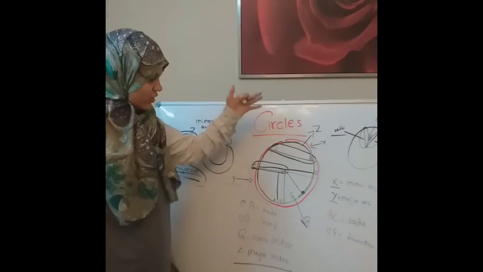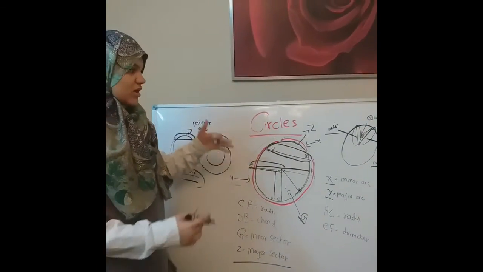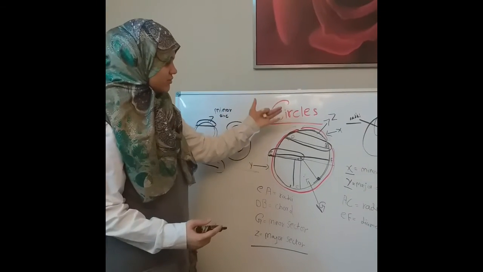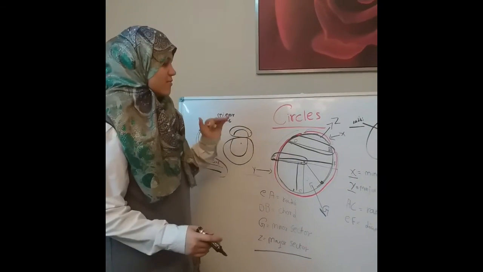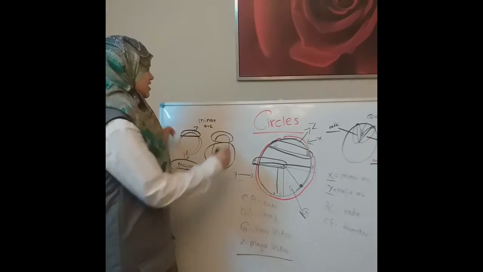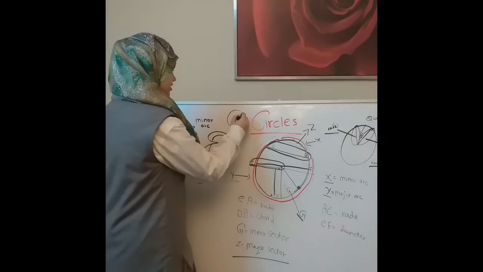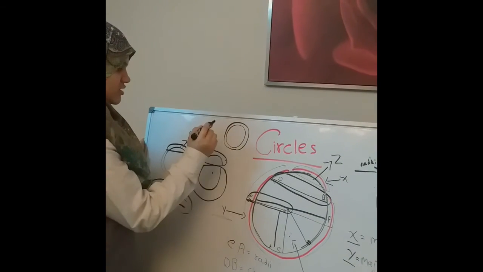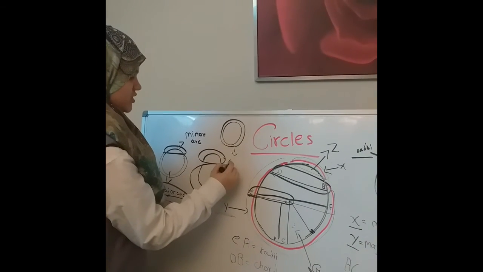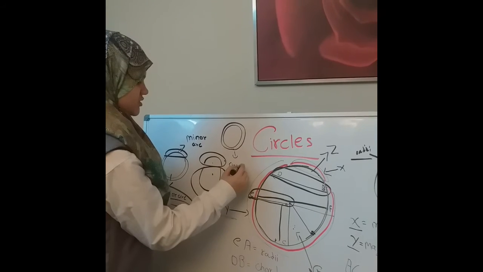Okay? But there's also something: can you see all this circle? It is the circumference.